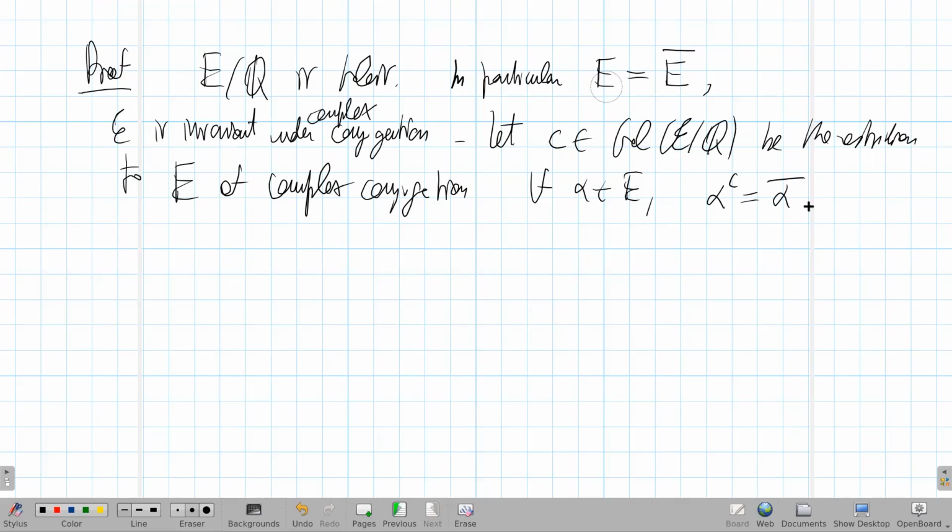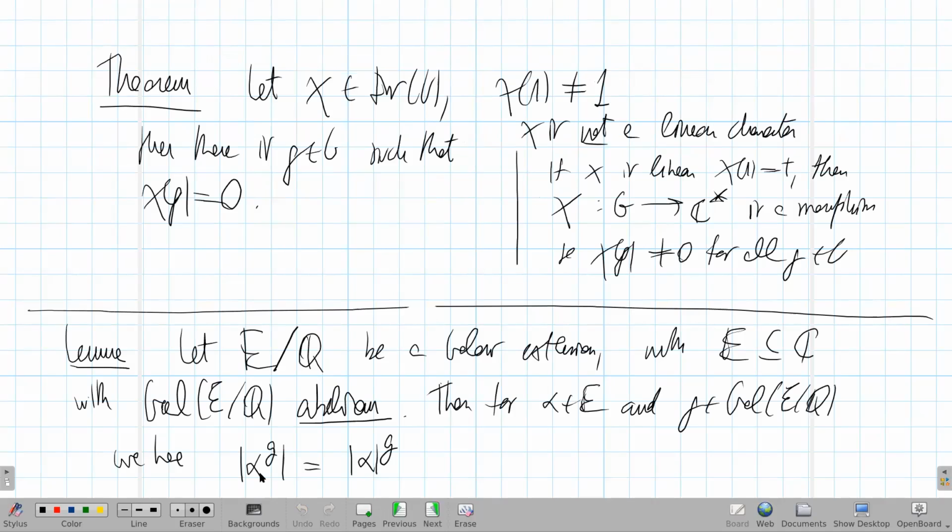Since this is Galois, it's invariant under conjugation because it's a splitting field. There will probably be simpler ways. So what we want to prove is that this absolute value, this norm, equals this. Of course, these are positive numbers, so if I prove that the squares are equal, then the numbers will be equal.